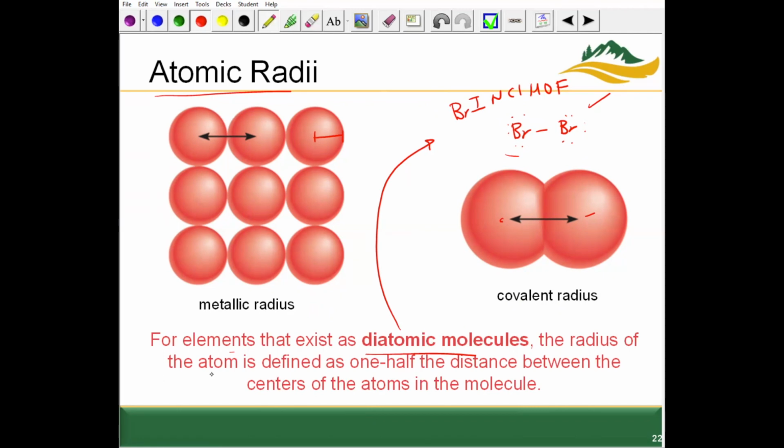So the radius of the atom is defined as one-half the distance between the centers of the atoms in the molecule. Remember, this is considered a molecule and not a compound because these are not each unique elements. For something to be a compound, it would have to have two unique elements. So H2O, for example, has both hydrogen and oxygen.